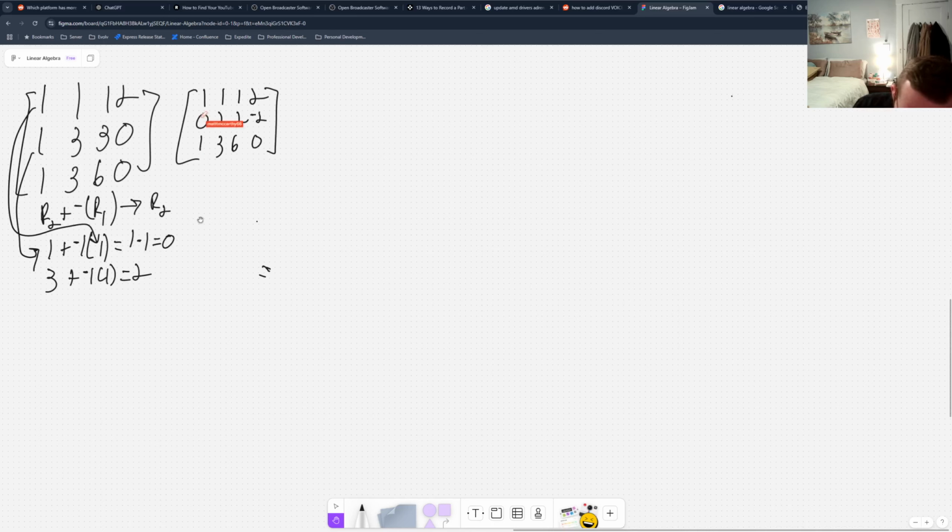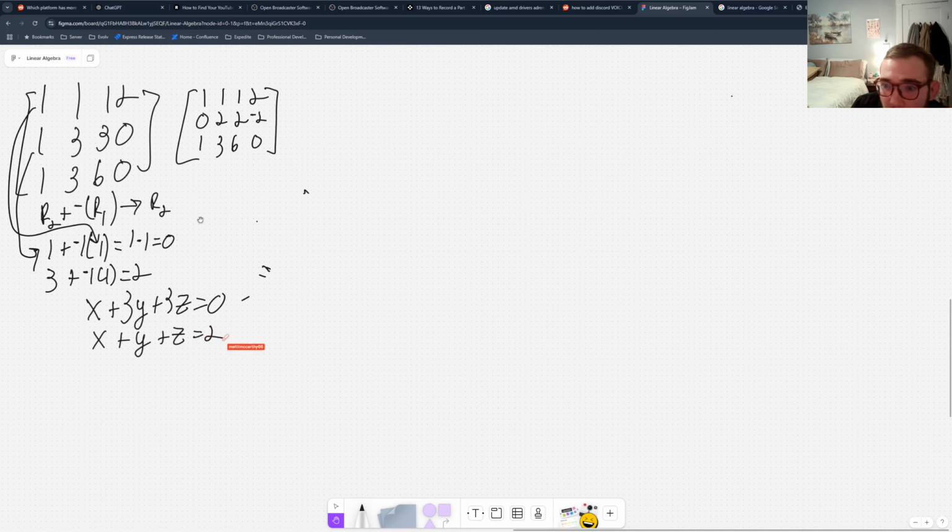So we got 0 here before, right? Because we basically want to subtract. So this, remember, let's take this 1 3 3 0 and let's write it out like we're used to. So that's x plus 3y plus 3z equals 0, right? And let's take the first row and we'll write it, because remember we said that we can interchange the rows. It kind of doesn't matter, right? x plus y plus z equals 2.